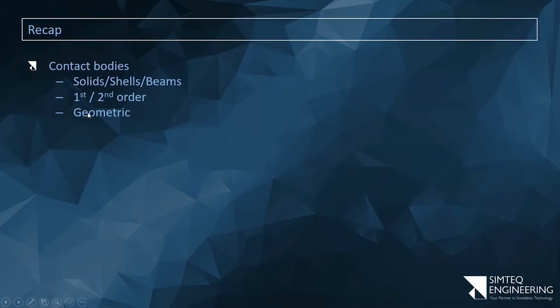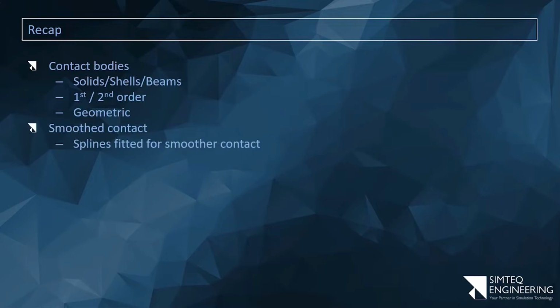Same goes, we can use first and second order elements in contact, no problems there. Again, in one contact body, you can only have first or second order elements. And then the last type that we looked at was geometric bodies. In other words, typically a surface, a three-dimensional surface, complex surface, can be cylindrical, spherical, or any kind of a complex surface that's available.